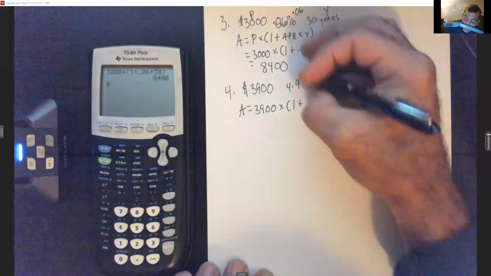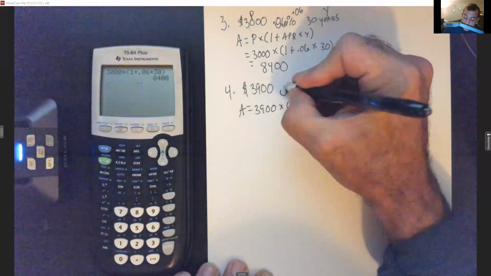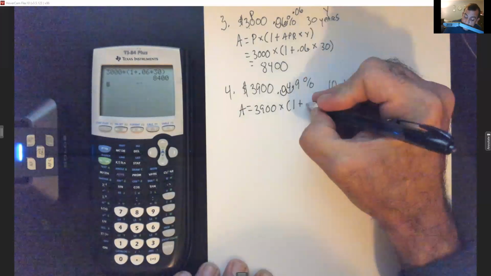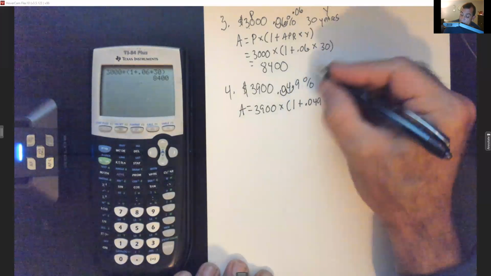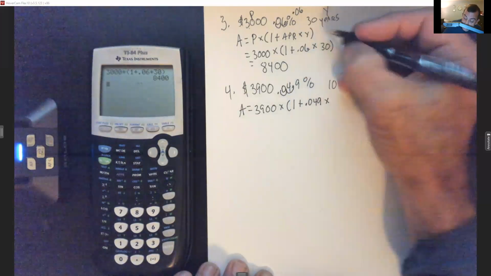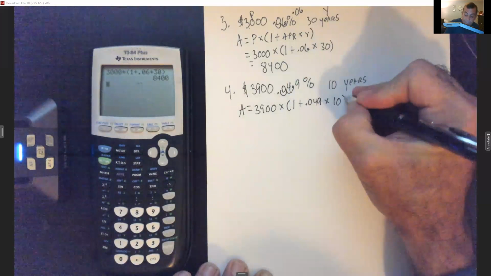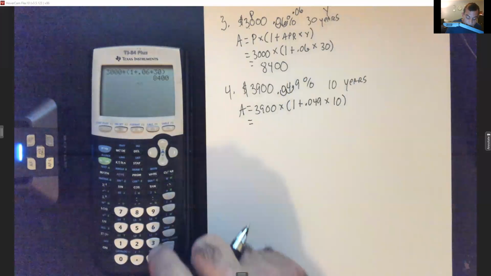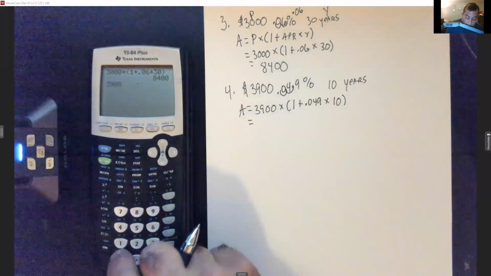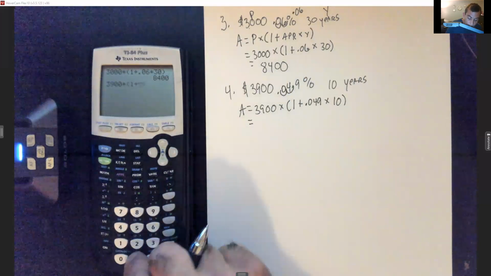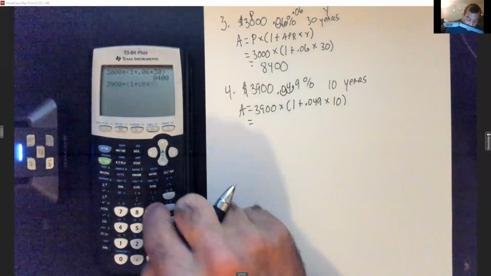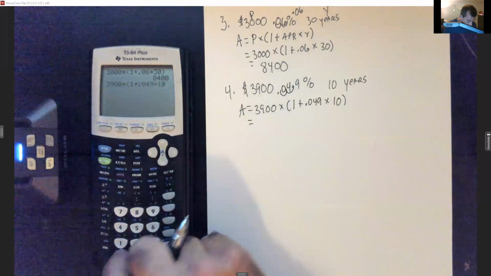You got to move that decimal left twice. So add a 0. And that's a 0.049 times my Y. Remember, there's my Y, which is my years, which is 10. All right, so here we go. 3,900 times parenthesis 1 plus 0.049 times 10.